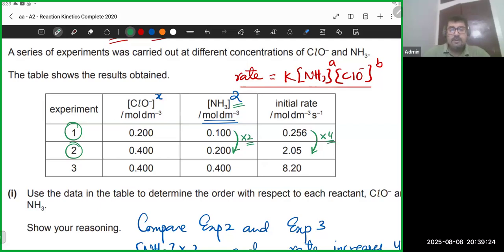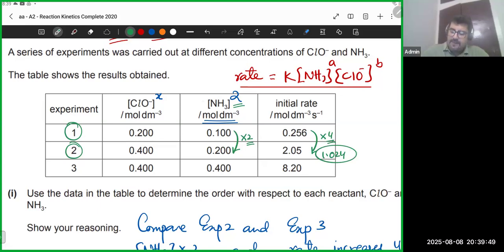Remember, हमने ammonia का ना, we already figured out what the order is. So what is 4 times of 0.256? If I do 4 times of 0.256, now I'm trying to do this without doing all the math. So 0.256 multiplied by 4, and that gives me 1.024. So my rate should have been 1.024, right?